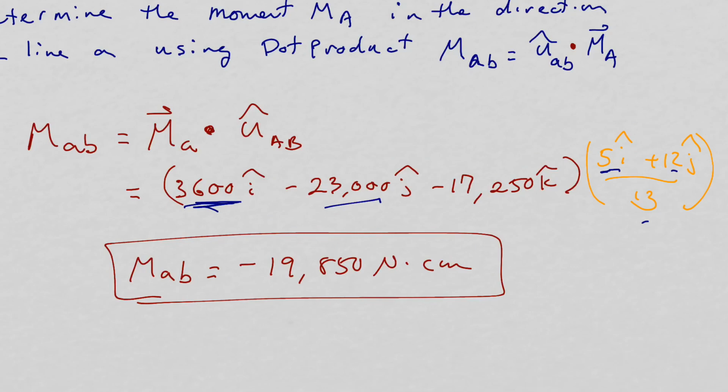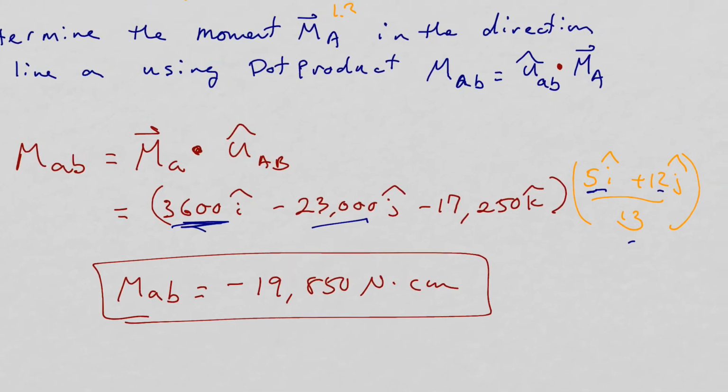Realize a few things about this moment. One is that it's a scalar value. At this point, it is not a vector, but a scalar value, and it's telling us that it is negative.